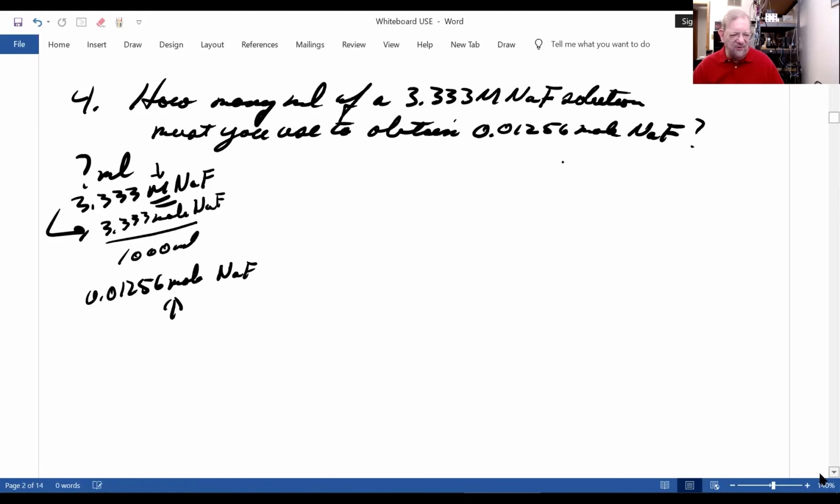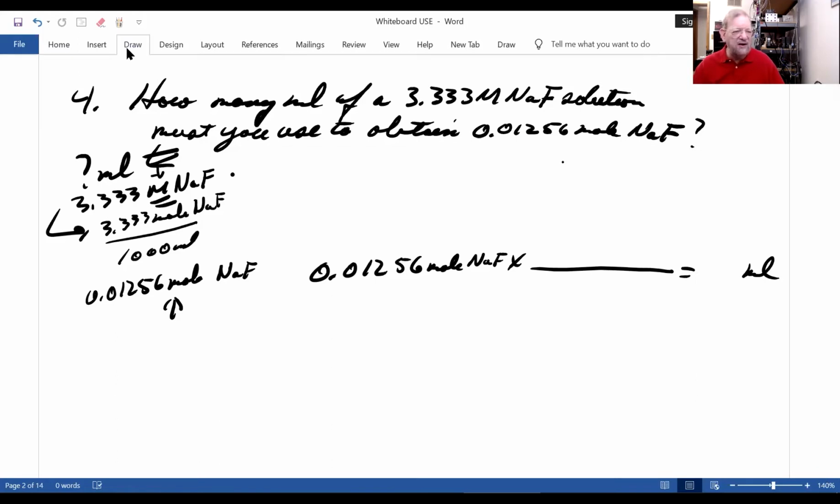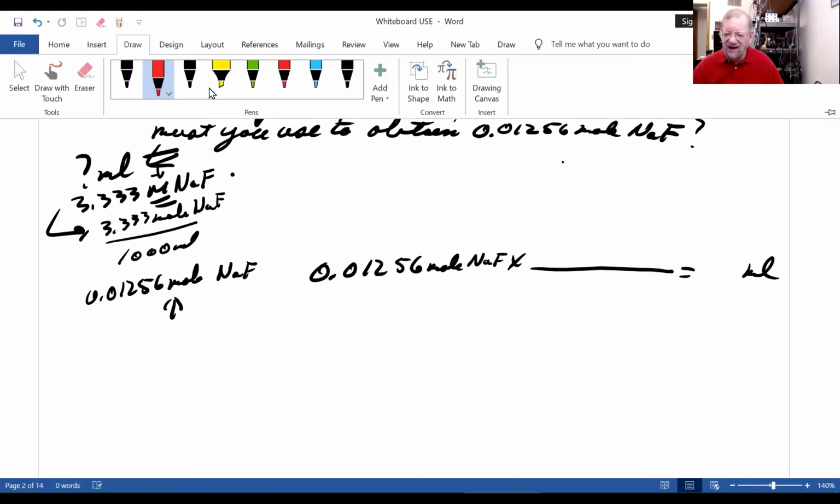This is what I'm going to start with, because if I started with the other number, I wouldn't get anywhere. And what units do I want my answer to be? Right up here, milliliters. And now use my good buddy, my good friend, unit analysis.